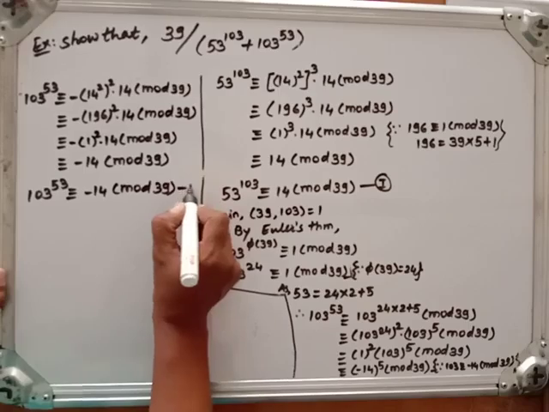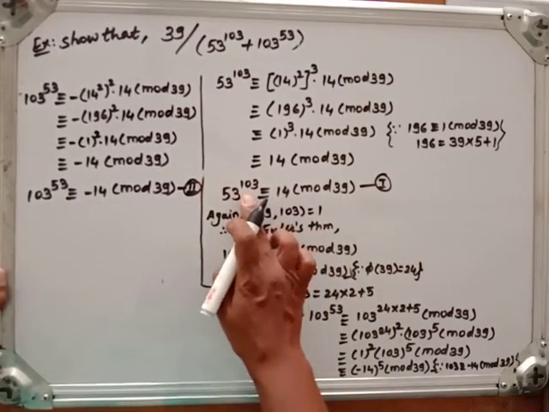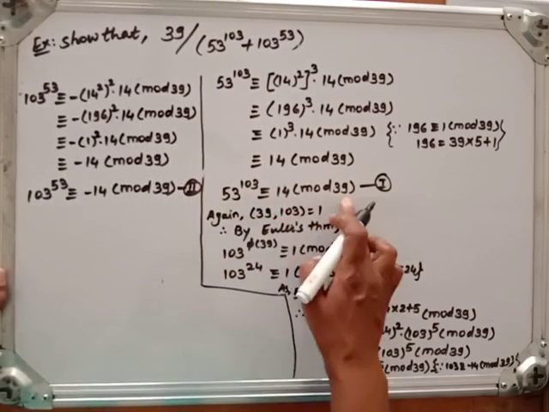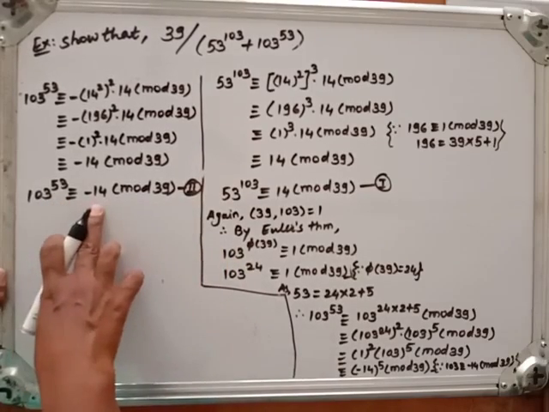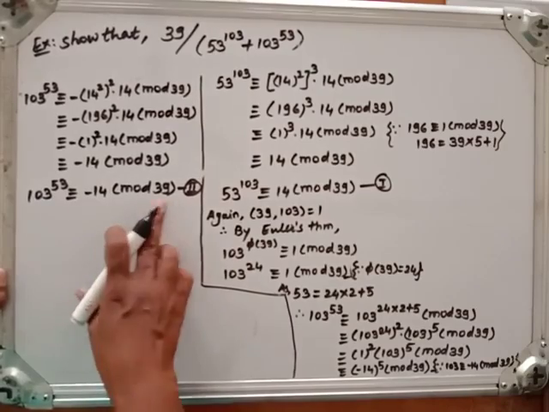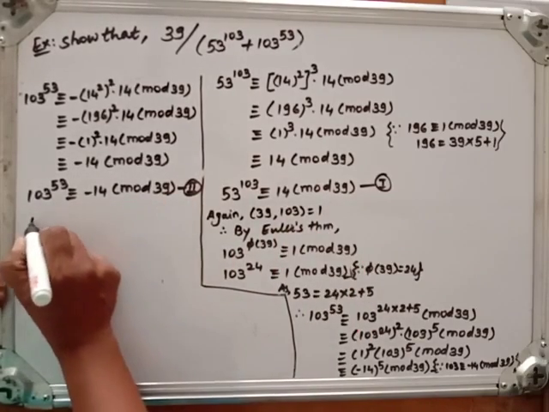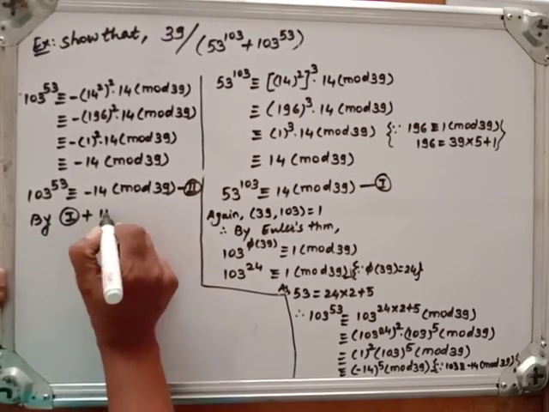This is our equation number 2, suppose. Our equation 1 is for this 53 raised to 103. It is congruent to 14 modulo 39, and 103 raised to 53 is congruent to minus 14 modulo 39. Now let us add equations 1 and 2.